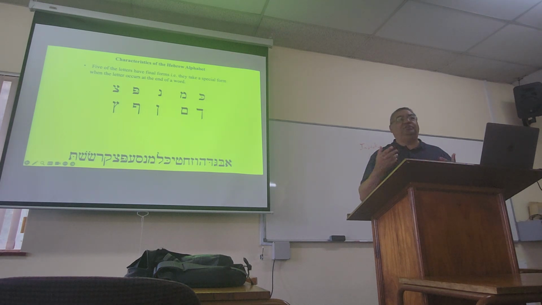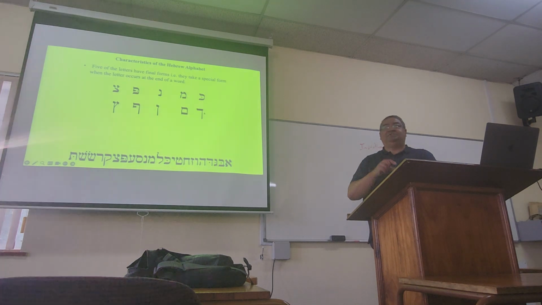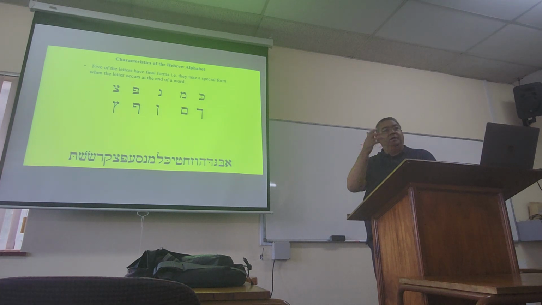We will start a word in English with a capital letter. So just like I have over there, characteristics of the Hebrew alphabet. The word characteristic starts with a capital letter C, but all the other letters are lowercase. That's the aesthetic of distinguishing how we use a capital letter versus a lowercase letter.